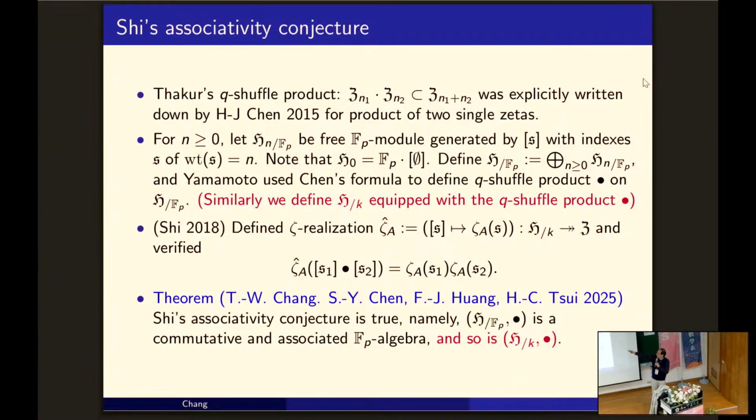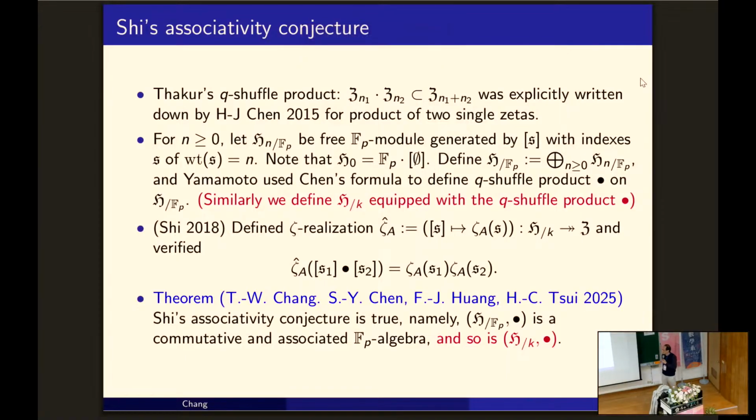So H over F_p is the direct sum of all H_n over F_p. H_n is the F_p vector space spanned by the simple indices with weight s equal to n.